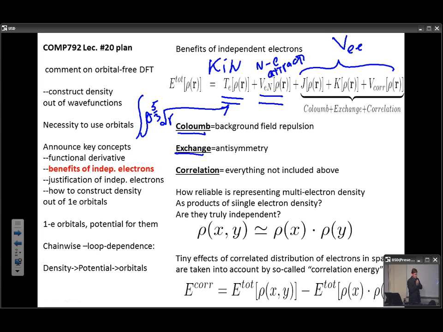This term is really small. In most chemically important systems, it is negligible. It becomes important in magnetic systems when different magnetic centers interact with each other. Then it becomes one of the leading terms. But in the vast majority of practical applications, it is not so important.